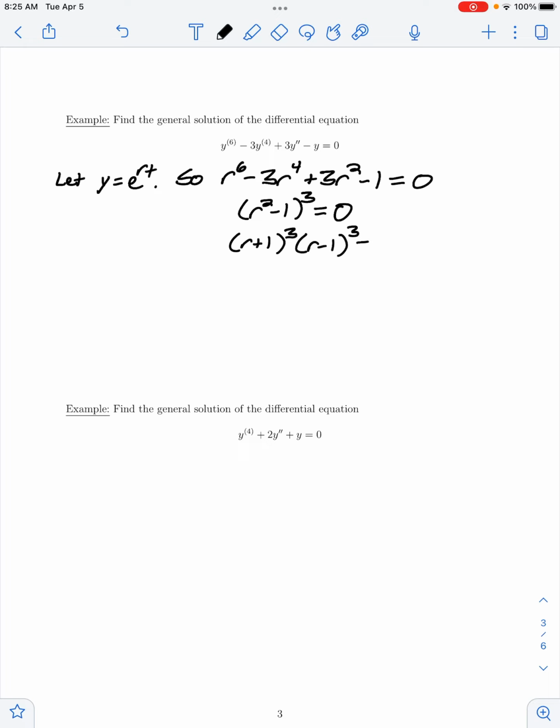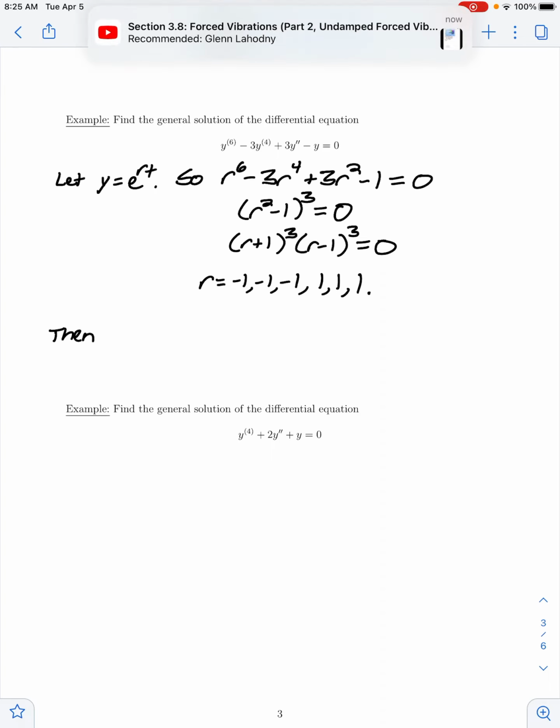And since we were cubing that quantity, we have r plus 1 cubed times r minus 1 cubed. And our roots are therefore -1, which has a multiplicity of 3, and +1, which also has multiplicity 3.